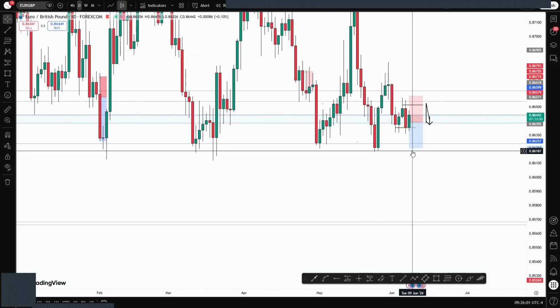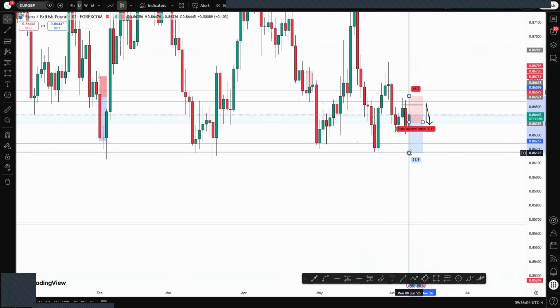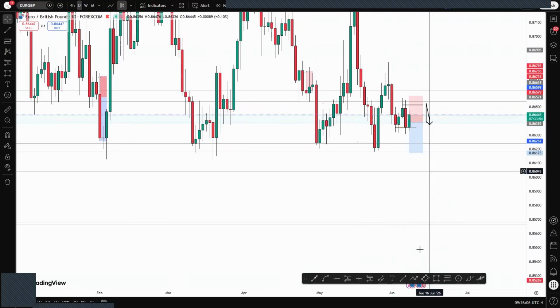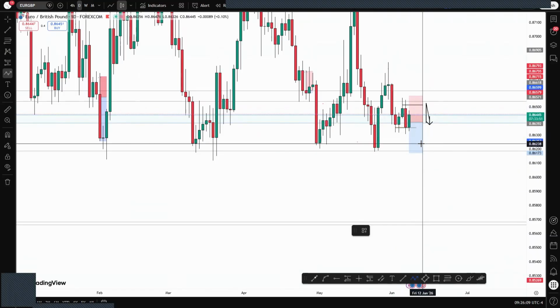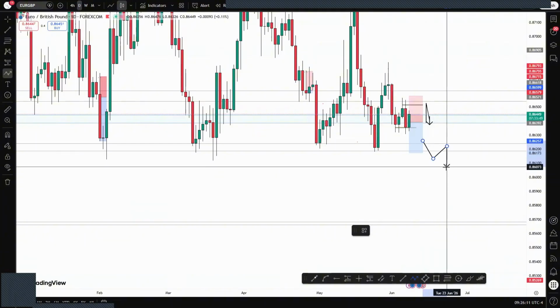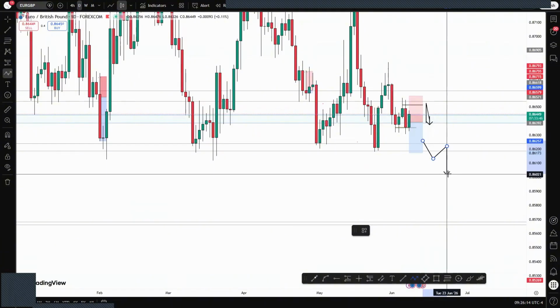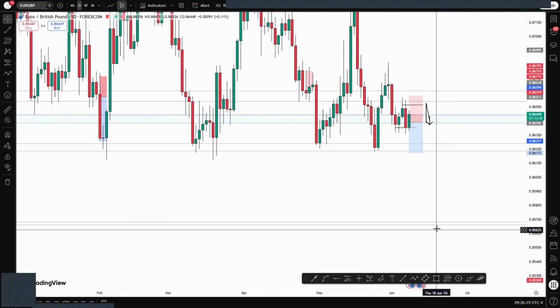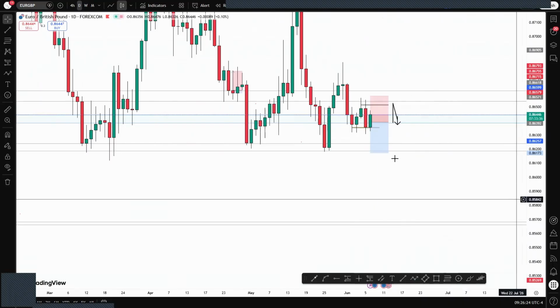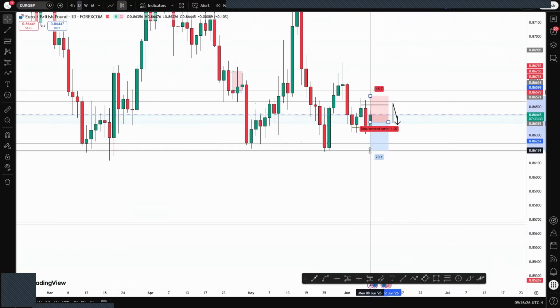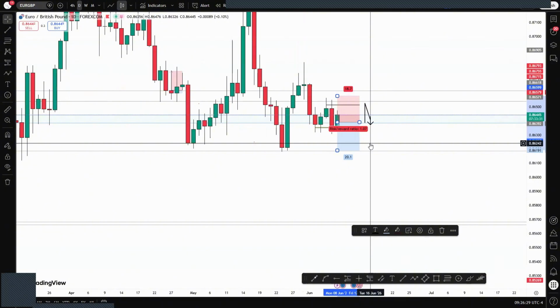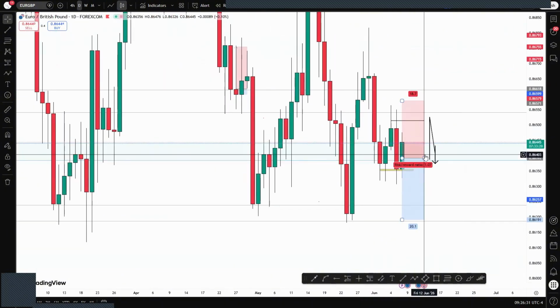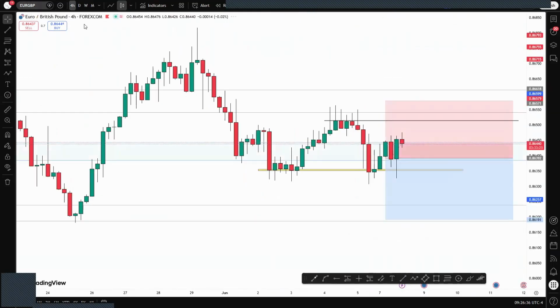So to be wise, if you come out at this level, and if price breaks below and we test, then you can also continue with the sells. But in this case, the risk to reward is not making sense for us. This is just a 1 to 1, almost doing nothing, you see?